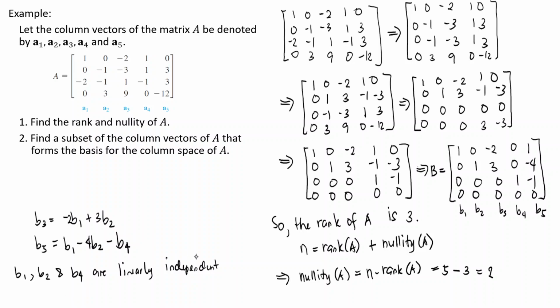Row operations will not change the relationship between the columns of this and the columns of this. So if these three, B1, B2, and B4, are linearly independent, then so are the corresponding columns of A. So this is A sub 1, A sub 2, A sub 3, A sub 4, and A sub 5.